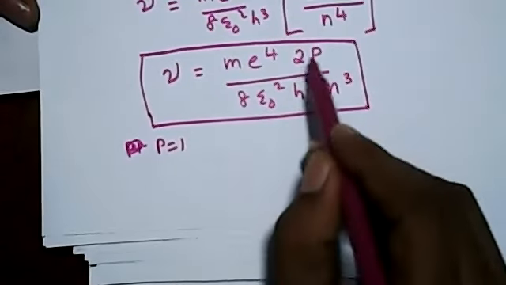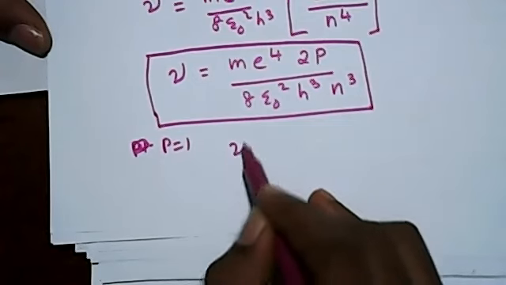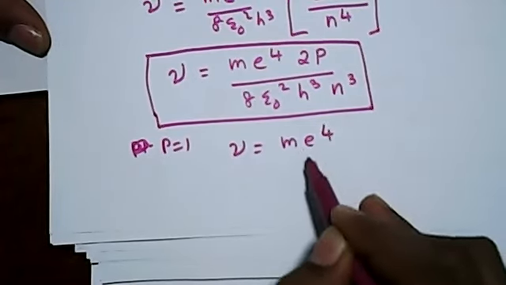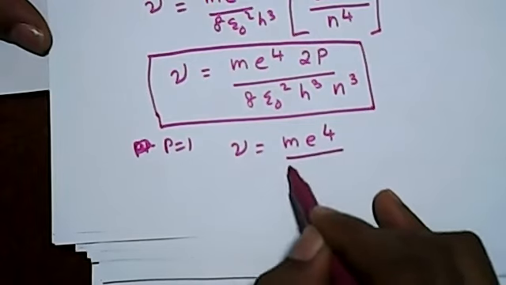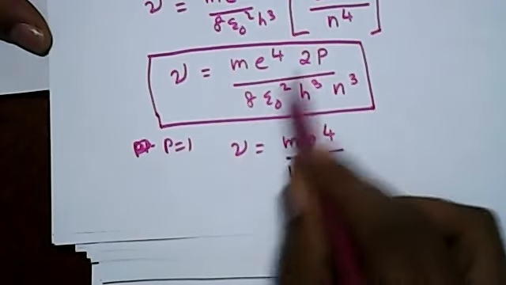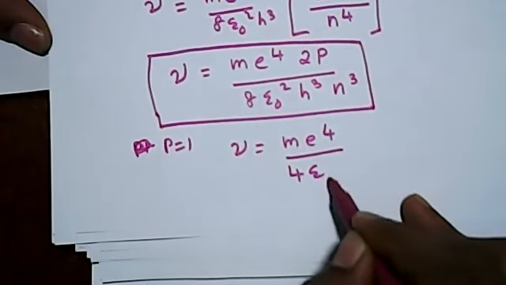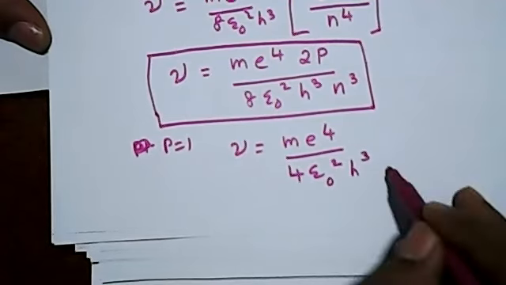So at higher quantum numbers, you put p equal to 1, just the neighboring orbit, then nu becomes m e to the power of 4 divided by, this 2 cancels with the 8, so 8 becomes 4, epsilon 0 square h cube, then n cube.